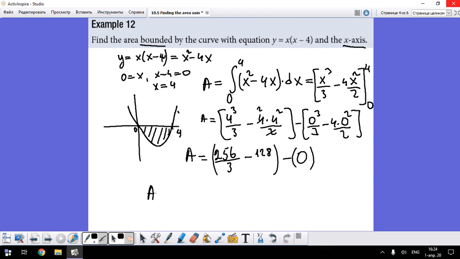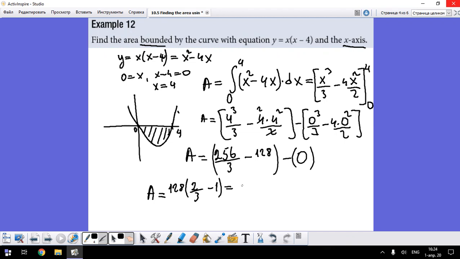So as a result, A will be 128. Let's take the 128 common factor, and 2 multiplied by 2 divided by 3 and minus 1.